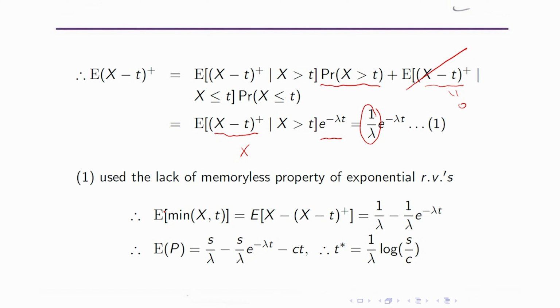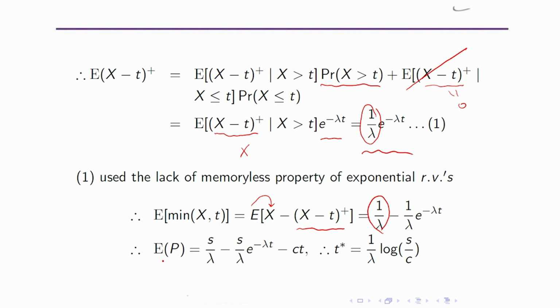Now, we go back and look at the expectation of min(X, T). The expectation of min(X, T) is actually equal to the expectation of X minus the expectation of (X minus T)+, which we have already computed. The expectation of X is 1 over lambda, and the expectation of (X minus T)+ is equal to 1 over lambda times exponential to the power of minus lambda t.